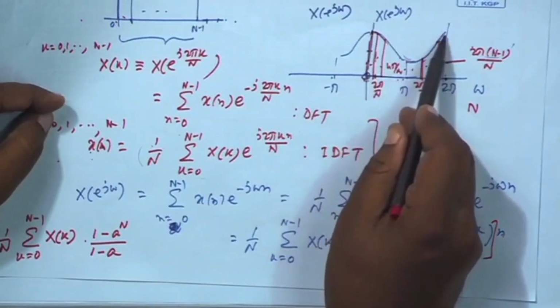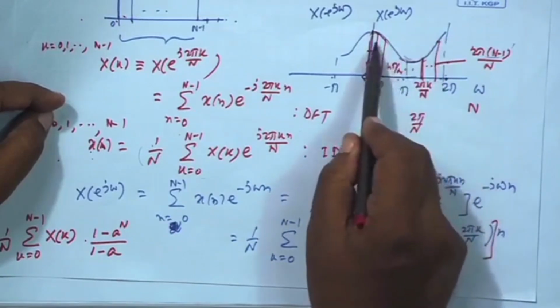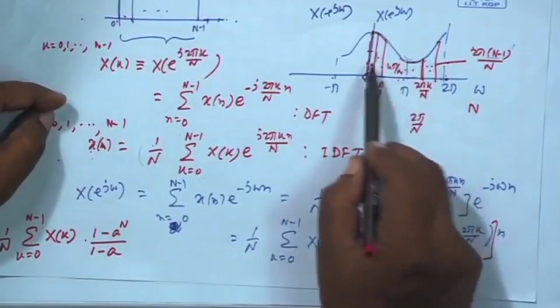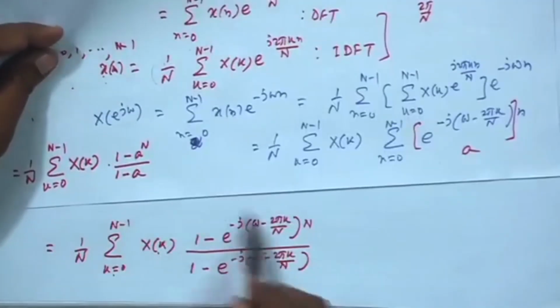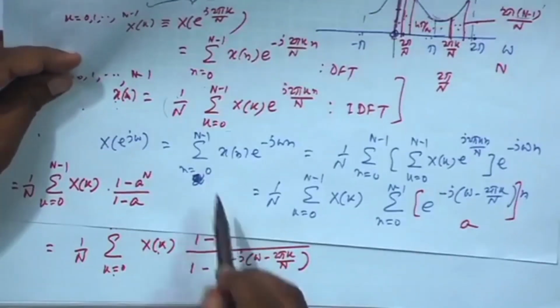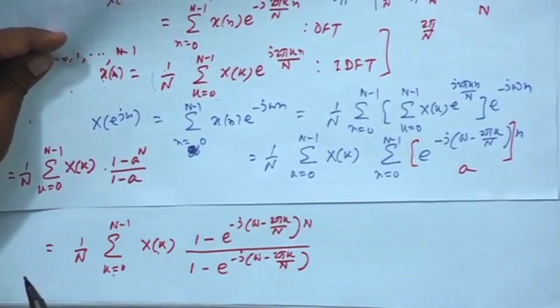So, for DTFT I do not need to store the entire envelope. If I store the capital N number of samples, where N is the length of the original sequence, then by putting those samples in this formula, I can get back my DTFT. So, it is another interpolation formula.